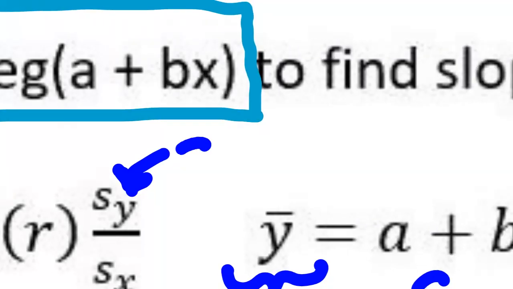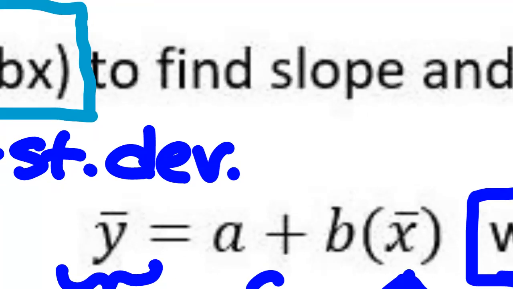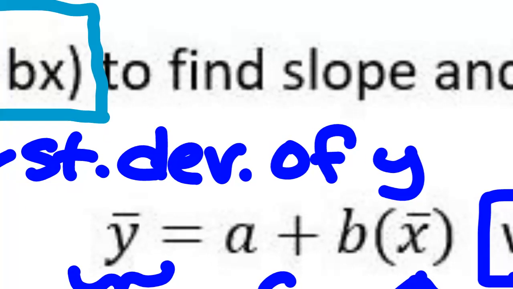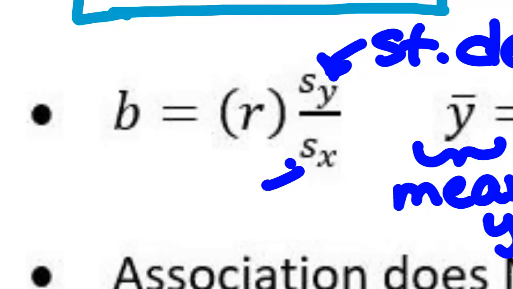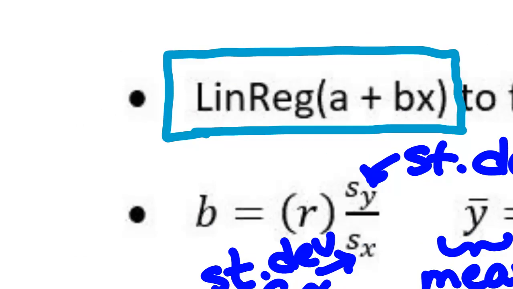In order to use that, we have to know the standard deviation of y. We have to know the standard deviation of x. And we have to know R, the correlation.